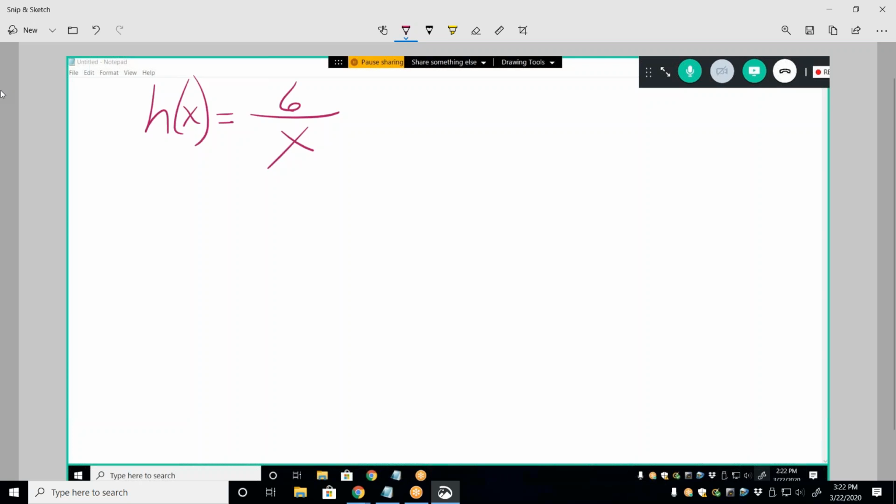So it says to obtain the graph of h of x equals 6 over x, start with the graph of y equals blank. What's the parent function? 1 over x. That's what they're talking about. And then all this is being multiplied outside the function by the number 6. It makes it a vertical stretch.